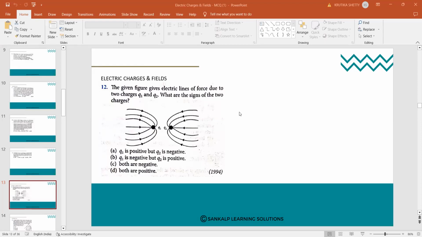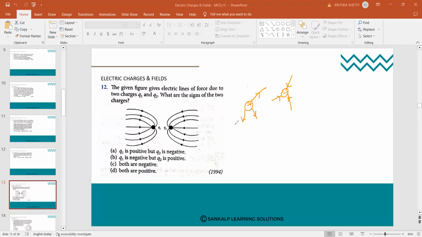So see, when you look at q1, first I will just revise the properties for you. According to the properties of the electric field lines, if it is a positive charge, it will start from the positive charge and end at infinity. If it is a negative charge, it will start from infinity and end at the charge.